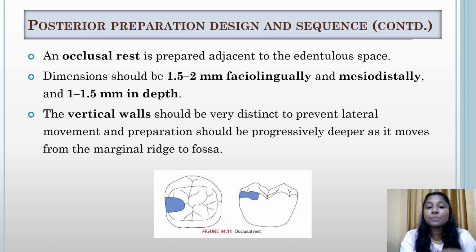A rest is prepared adjacent to the edentulous space, 1.5 to 2 millimeters faciolingually and mesiodistally, and around 1 to 1.5 millimeters in depth. The vertical walls have to be very distinct to prevent any lateral movement, and the preparation should progressively deepen as we move from the marginal ridge to the fossa.